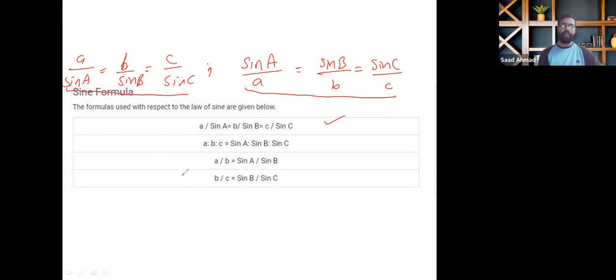The other one is telling us the ratio of side a, side b, and side c.